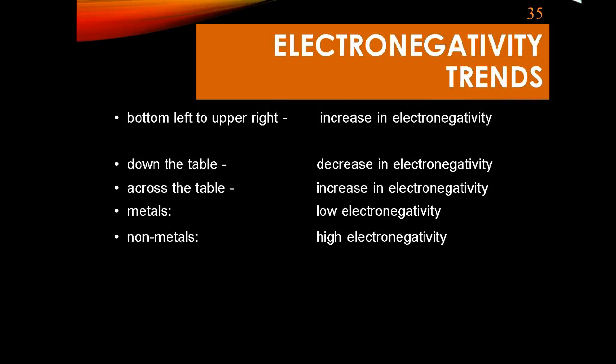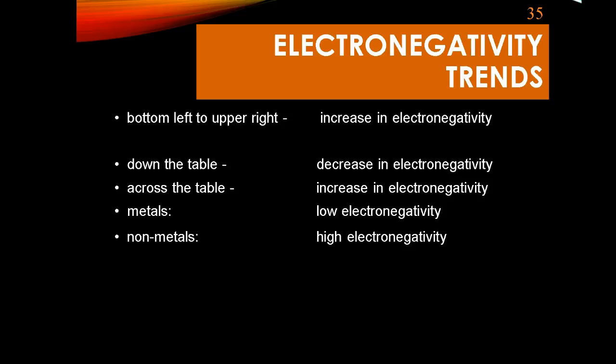If you have your periodic table and you're looking from the bottom left, which would be francium, towards fluorine, you're going to increase in electronegativity. If we start at the top, for example at hydrogen, and go down to potassium or even further down the table, we're going to decrease in electronegativity.